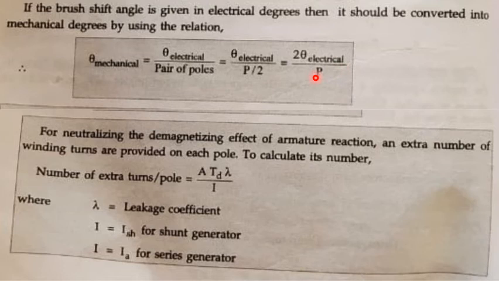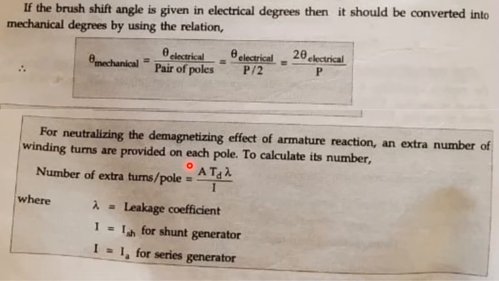Now for neutralizing the demagnetizing effect of armature reaction, an extra number of winding turns are provided on each pole. What is the extra number of turns per pole?